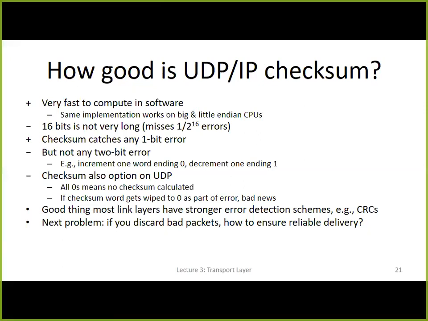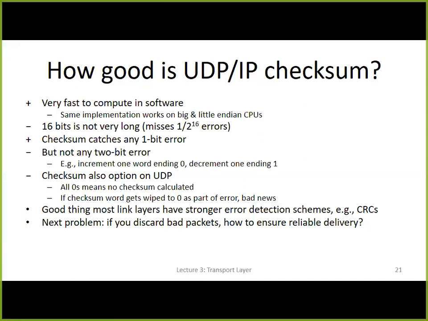Okay. So anyway, you're going to have the same implementation on little endian and big endian CPUs. And guess what? 16 bits is actually not very long, which means you're actually going to miss an error once every 65,536 times, which is actually not that small a number. Okay.